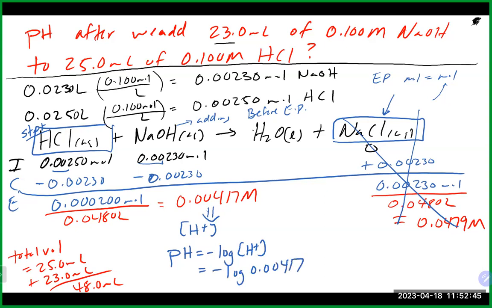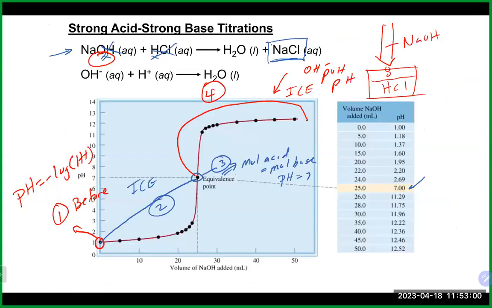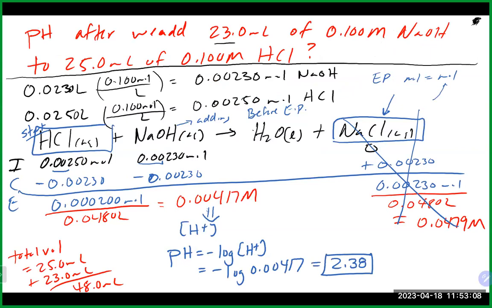We used a rounded number there. Minus the log of 0.00417 looks like a pH of 2.38 at this point in the titration. Let's see how we did. That's 2.2, that's 2.4, so 2.38 is in between those two, so that's good. Not too bad.